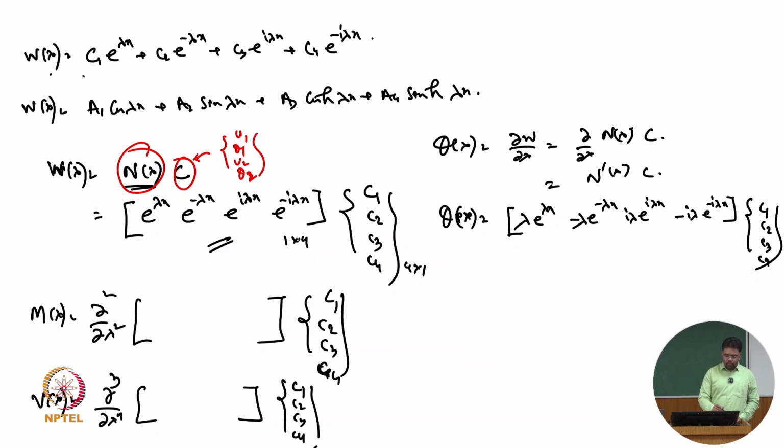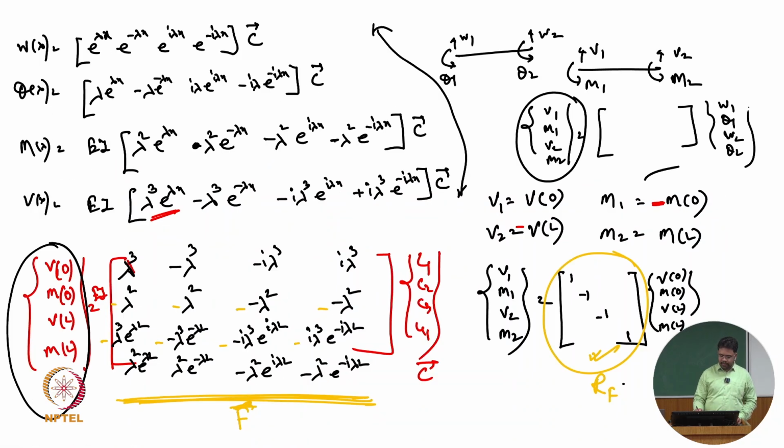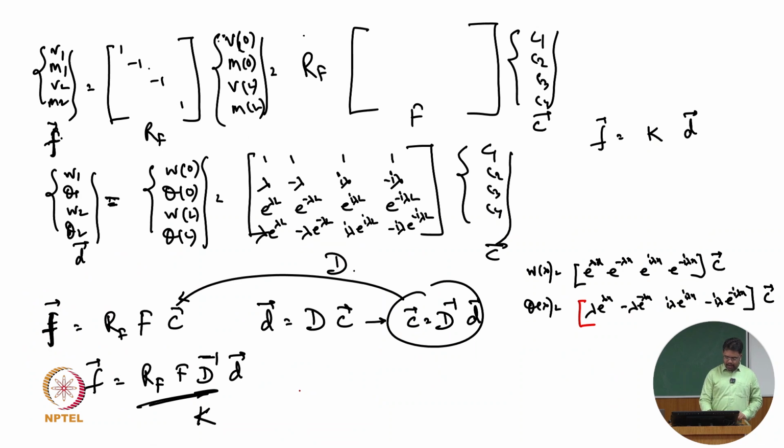Good. So we can express W, theta, M, V, all the things, in terms of C. Once that is completed, we can express all the force terms on both sides of the beam element, and all the displacement terms on both sides of the beam element, in terms of C, and then we finally eliminate C and rewrite the full thing.